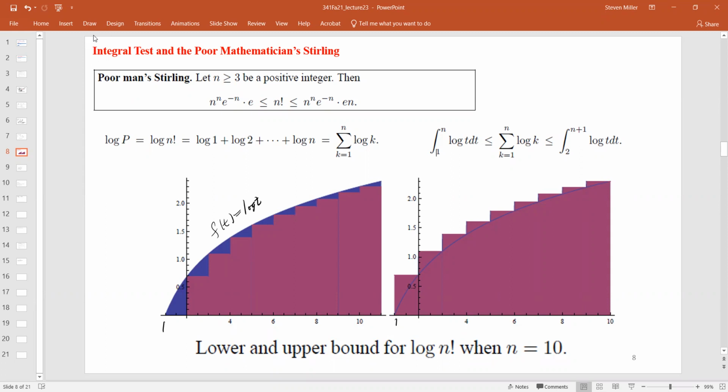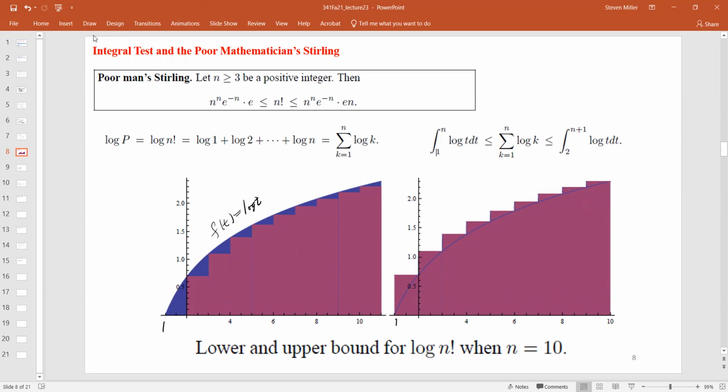So if I look at the function log of t and I plot it, I have to be a little bit careful. If I look at the log of 1 plus the log of 2 all the way up to plus the log of n, well, what is it? If I multiply each one of these by 1, it's going to give me the area of a box with height log k and width 1.